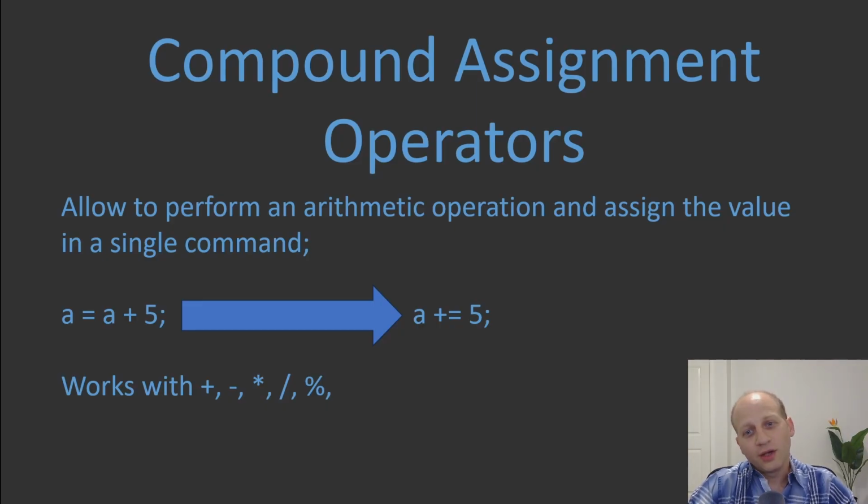As you can see, we have the same variable twice, so there is a shortcut for this kind of operation, which is simply writing plus equals. This is the same as to take the value of a, add 5, and then assign the result to a. And this type of operators exist for addition, subtraction, multiplication, division, and modulo.